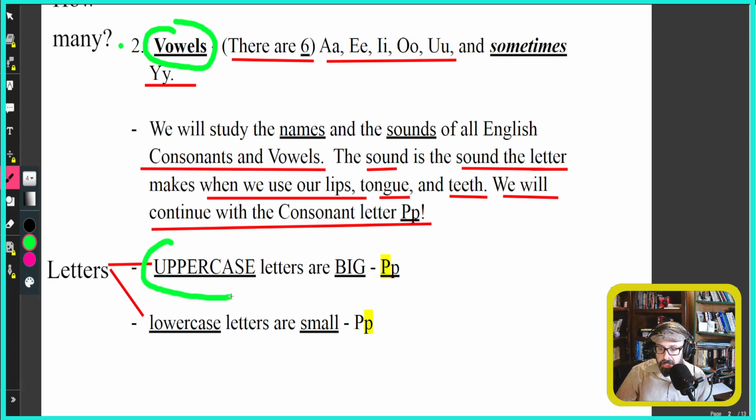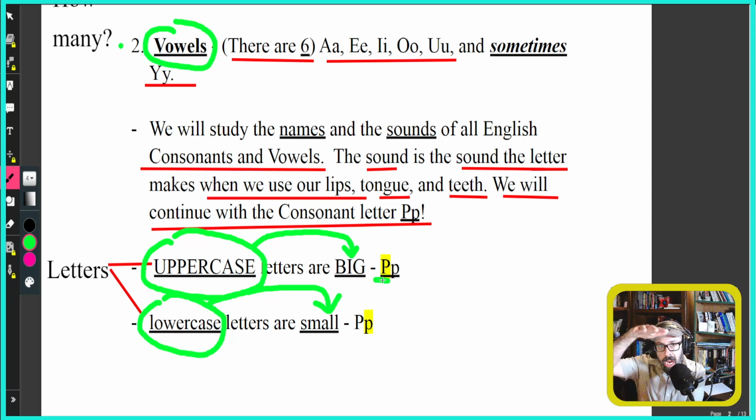So uppercase letters or lowercase letters, okay? Remember that uppercase letters are big and lowercase letters are small. So, for example, uppercase, a big letter is like this. Uppercase P, it's bigger, okay?